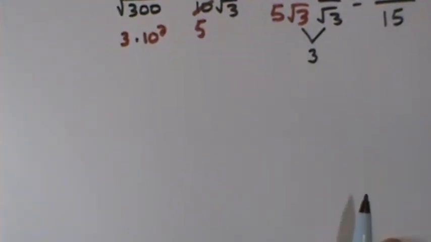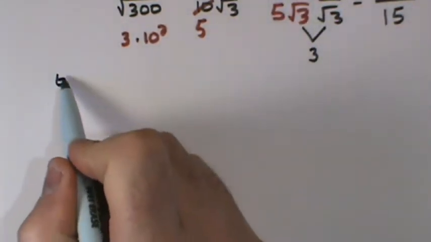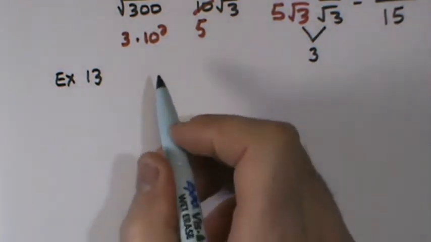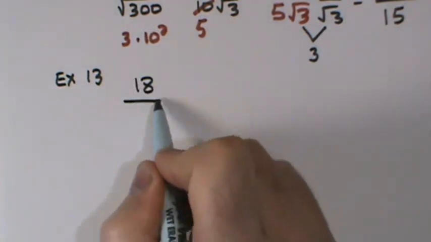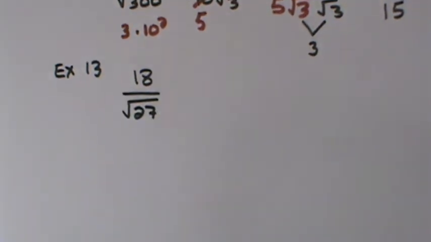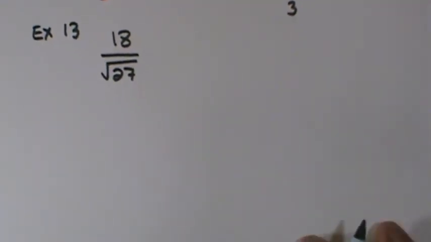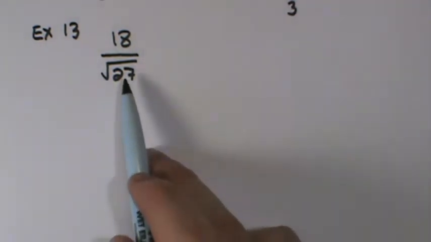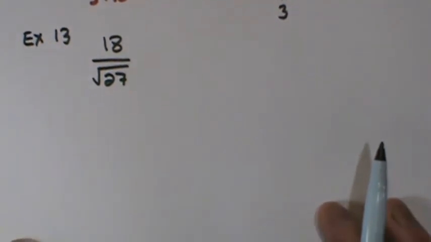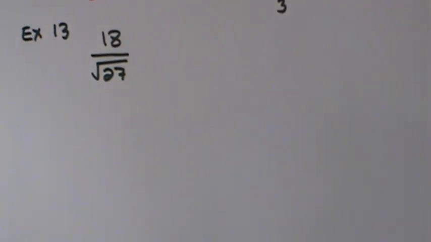Let's move on. We'll do an example 13. With example 13, we've got 18 over rad 27. With 18 over rad 27, I recognize that 27, just like the rad 300, has an opportunity to be broken down, and I'm going to take that opportunity.